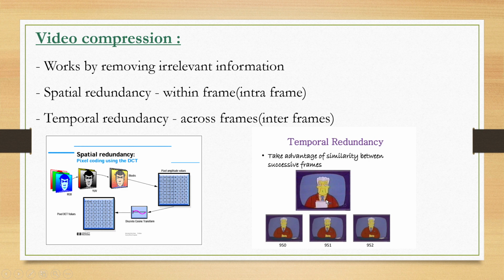The irrelevant information is only the newspaper. The newspaper is not needed in this frame, so it only removes the newspaper-related pixels and combines with the last frame. Like that, every frame will be formed, combined with the help of inter-frames and temporal redundancy. This is how video compression works.